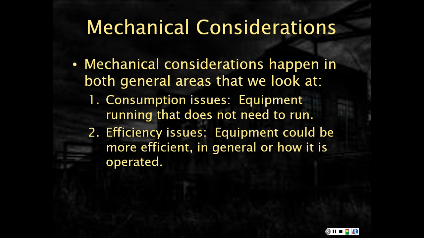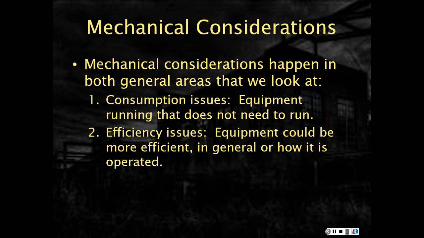Now, quickly, mechanical considerations happen in both general areas that we look at during an energy audit. Mechanical issues fall both into the consumption issue, in other words, the equipment running that does not need to run, so run hours, that type of thing, and we also get efficiency issues.